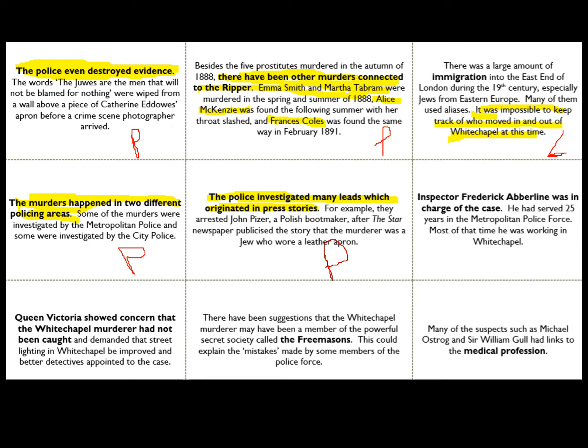The next one says there had been suggestions that the Whitechapel murderer may have been a member of the powerful secret society called the Freemasons. This could explain the mistakes made by some members of the police force. So we could say something like, murderer may have been a member of the Freemasons, and obviously you'll be writing this in, so you'll be much neater and tidier than I am, and we could say this could explain the mistakes.